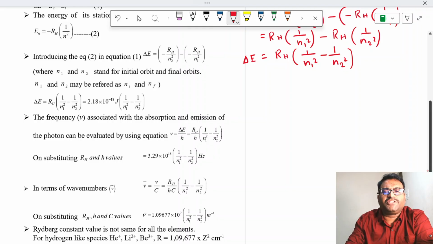So in the case of absorption, when the electron is absorbing energy, it moves from a lower energy state to a higher energy state. That means N1 will be less than N2.